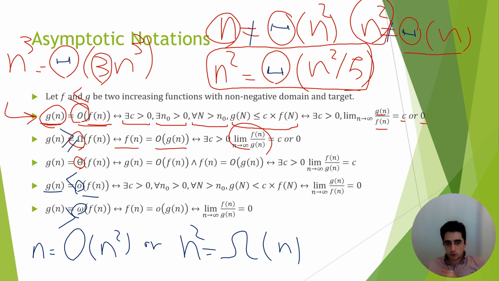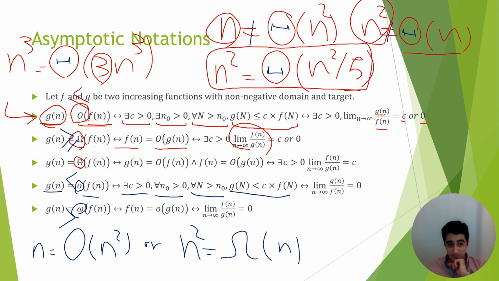Let me show you the actual mathematical definition of small o. It's a bit complicated, but if you are familiar with some limit definitions in calculus, this is not too complicated. Here's the definition. It says g of n is lowercase o of f of n if and only if for every positive c there is some n0 such that for every n greater than n0, g of n is less than c times f of n.